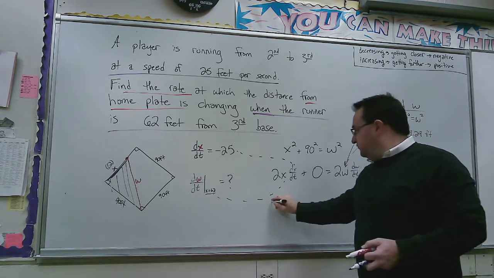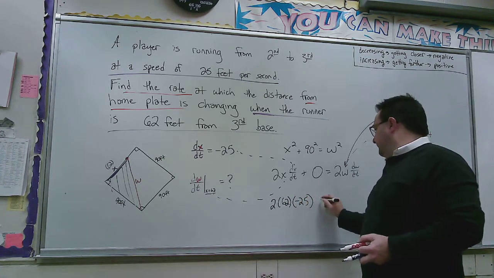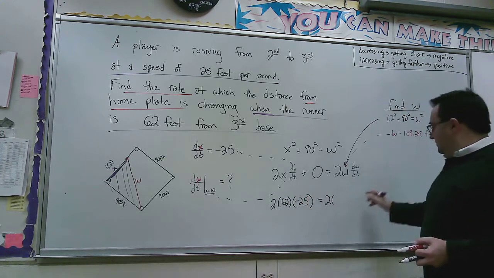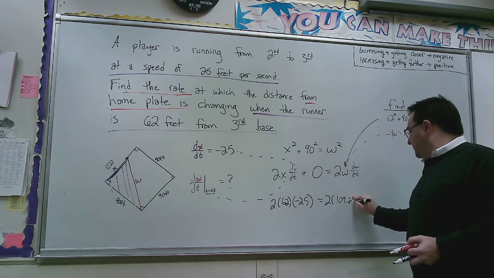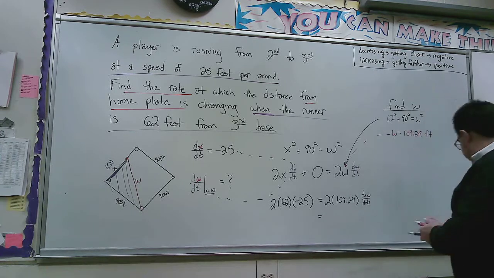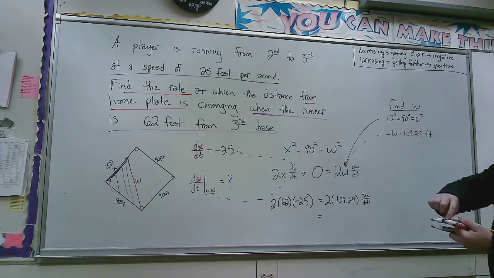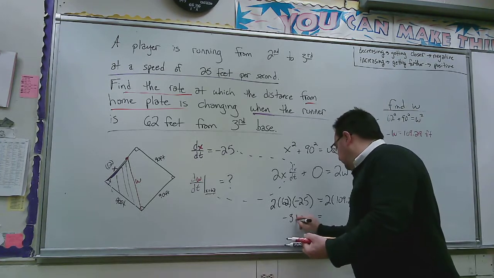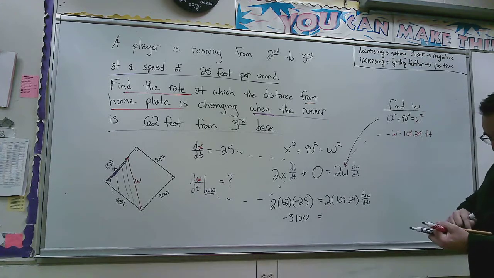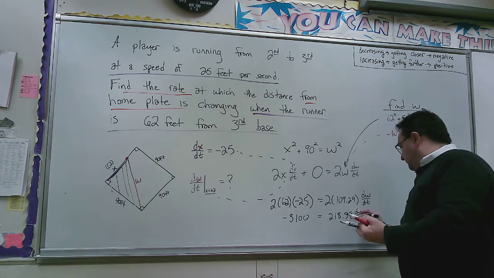So let's see, we have 2 times 62 times negative 25 equals 2 times 109.29 dW/dt. All right, we just got to do some fixing up here. 2 times 62 times negative 25 is minus 3,100. 2 times 109.29 is 218.58 dW/dt.